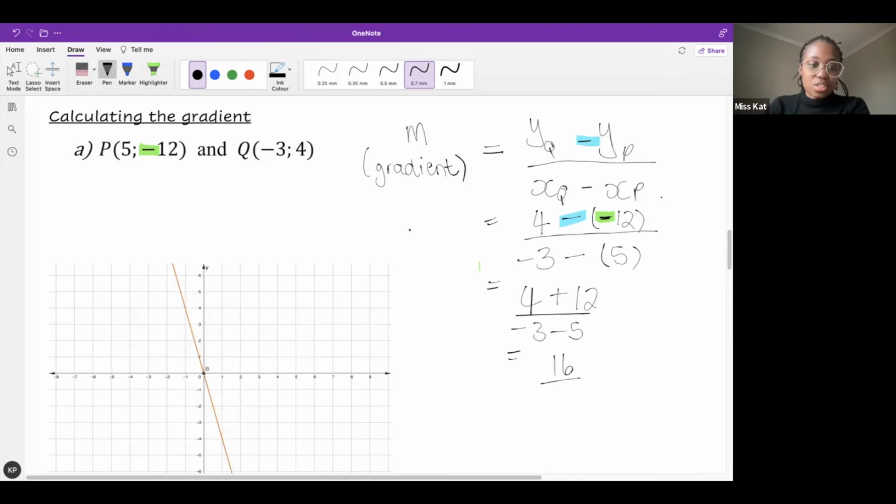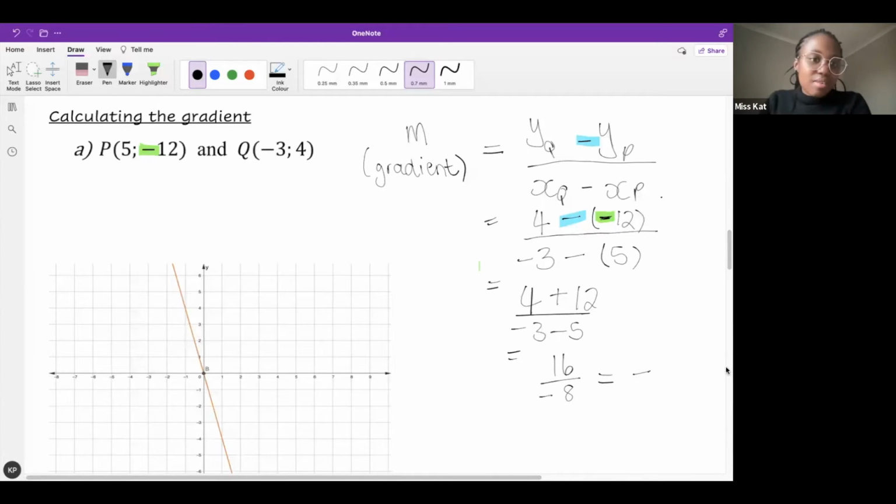Ooh, we're back to integers. The nice thing is you have a makeshift number line over here, right? So you can actually count over negative 8. So now we have 16 divided by negative 8. What happens when we divide a positive and a negative? Thank you, Kamugelo, a negative.